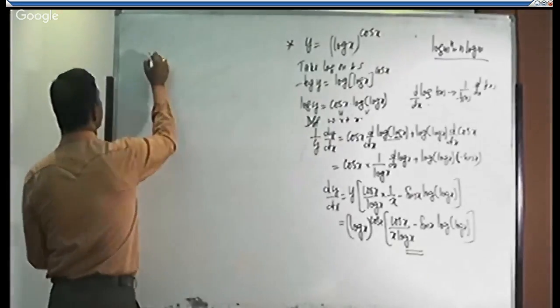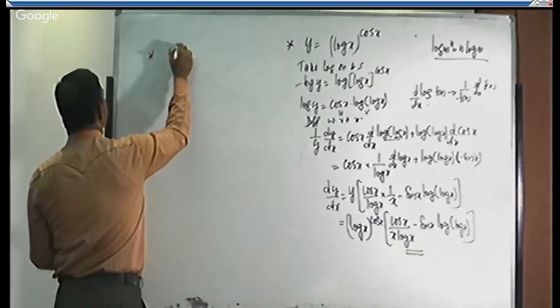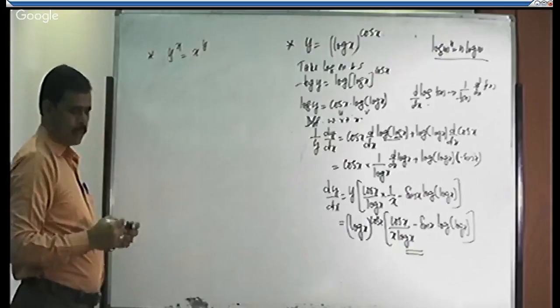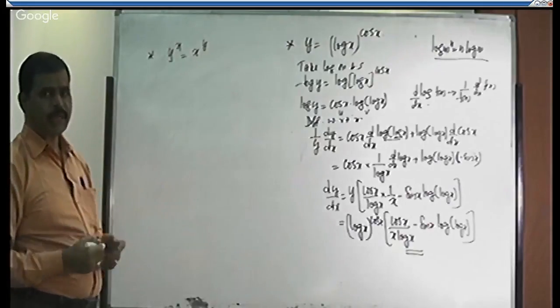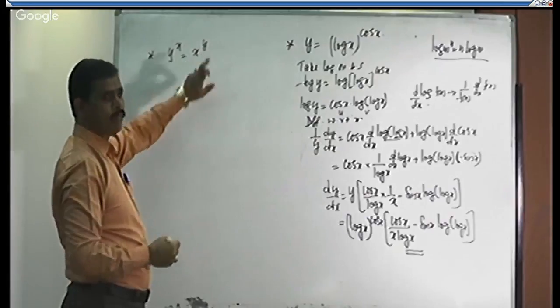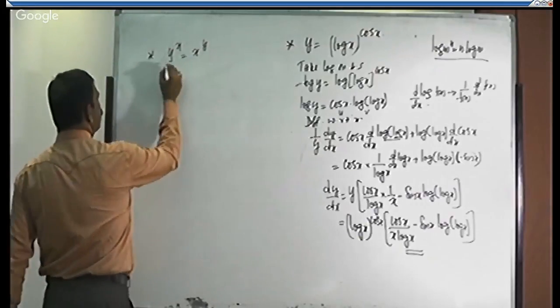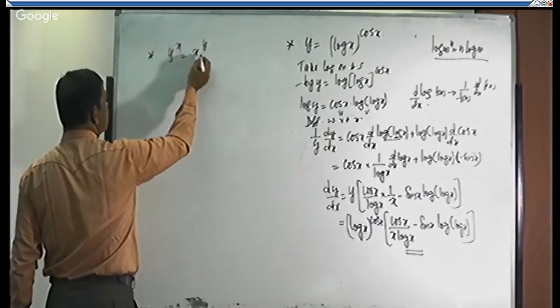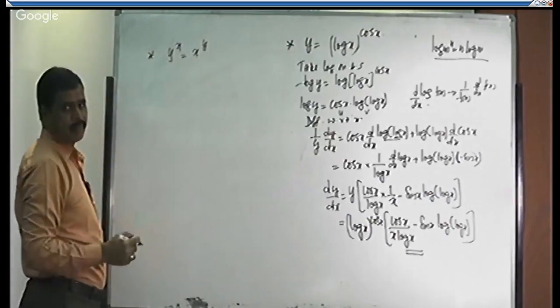See this one: y to the power of x is equal to x to the power of y. The given function is what? y to the power of x is equal to x to the power of y. Function to the power of function, on either side it is the same, right?